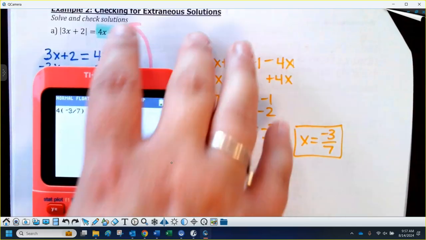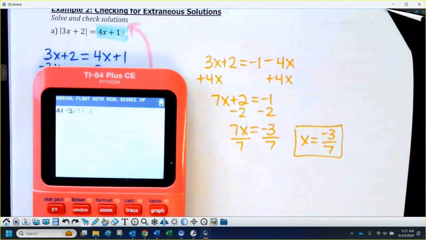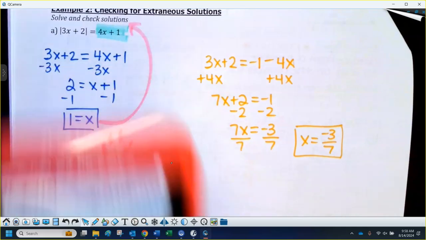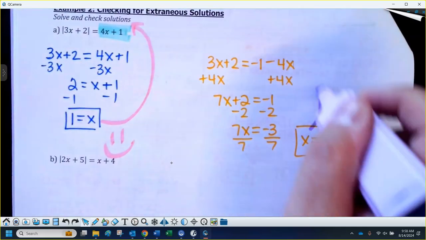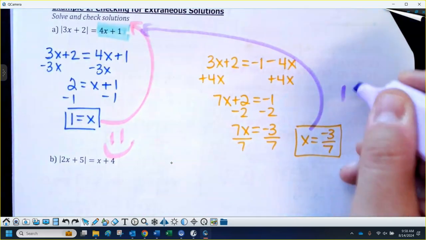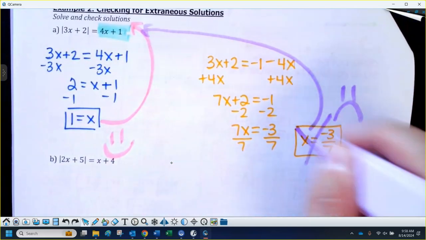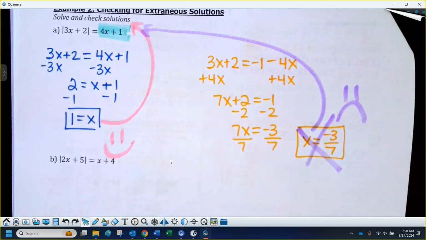But anyway, plugging this into 4x plus 1, add 1 to this. I get this garbage decimal. It does not matter what that number is. It just matters if it's positive or negative. So if this is negative, that means when I plugged it in, I got a negative number. So this means this is extraneous.